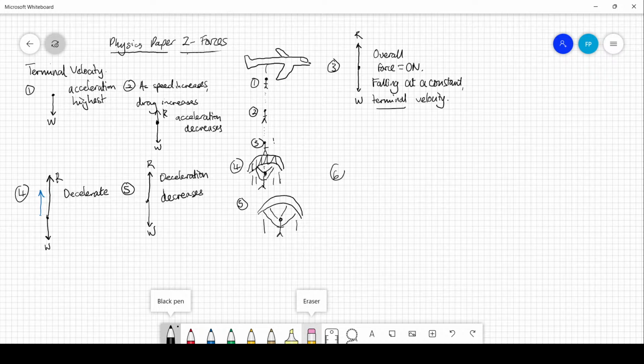This comes to a point where, once again, since the air resistance will decrease and decrease again, the forces are balanced again.